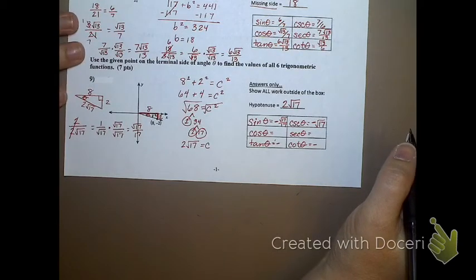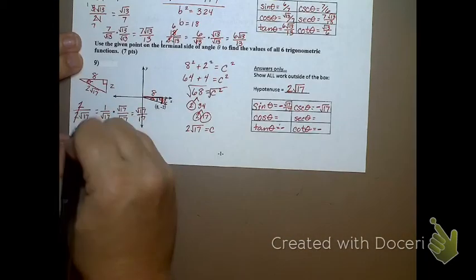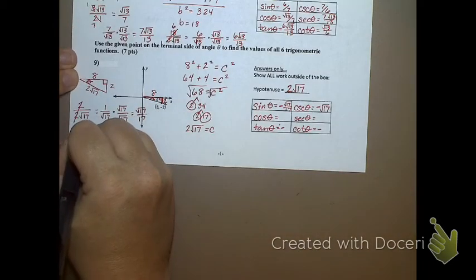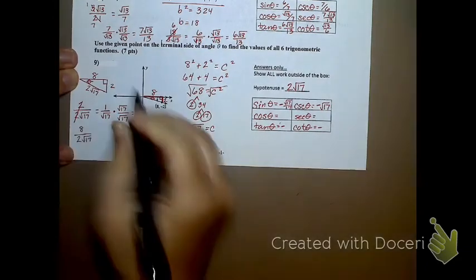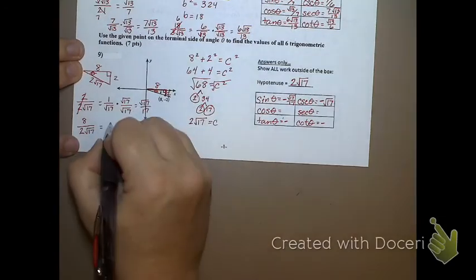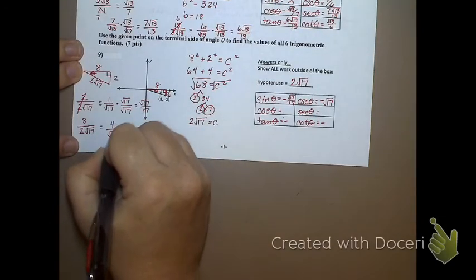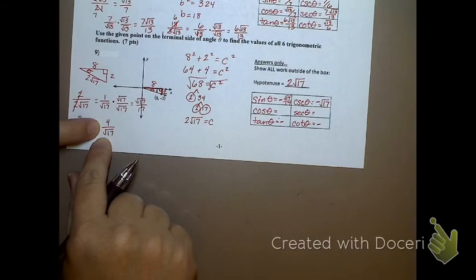Questions there? Okay, let's do cosine. Cosine is adjacent over hypotenuse. That can reduce before I simplify it, can't it? 4 over rad 17. Now I'm going to do the reciprocal first again. Yeah?